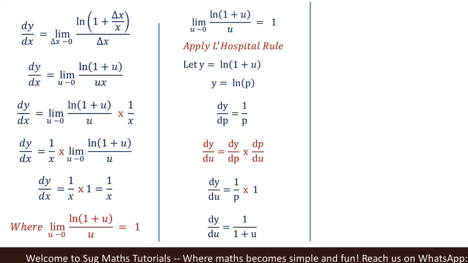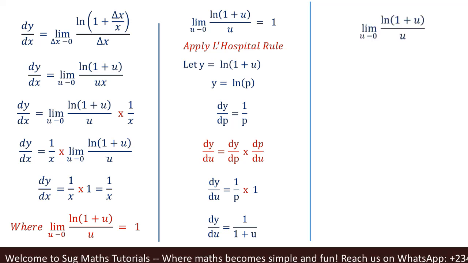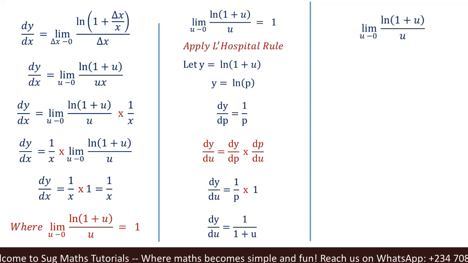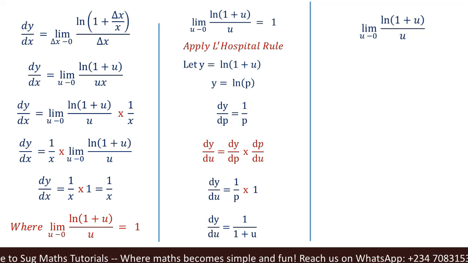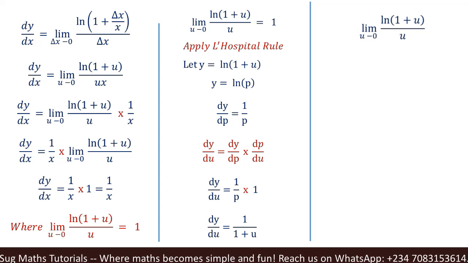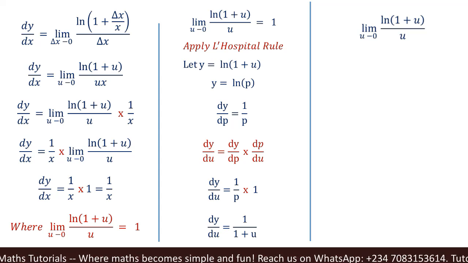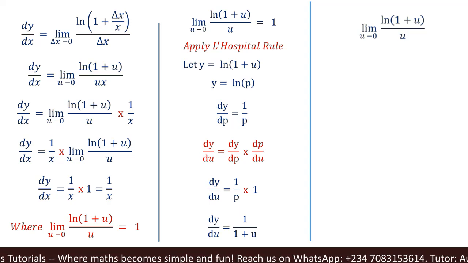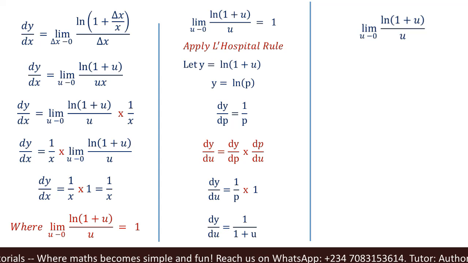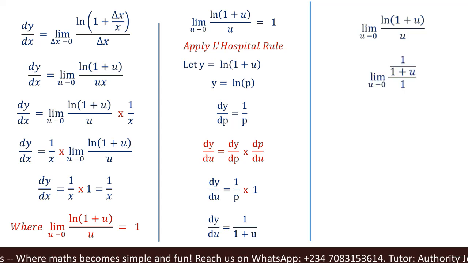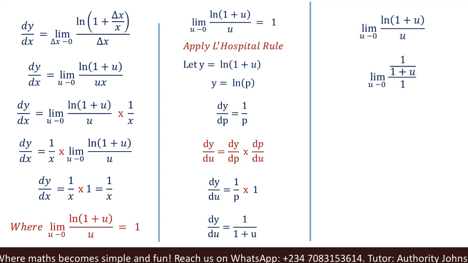You remember that we are evaluating the limit as u approaches 0 of ln of 1 plus u all over u, and we say let's differentiate the numerator and differentiate the denominator separately. When we differentiated the numerator just now, it gave us 1 all over 1 plus u.